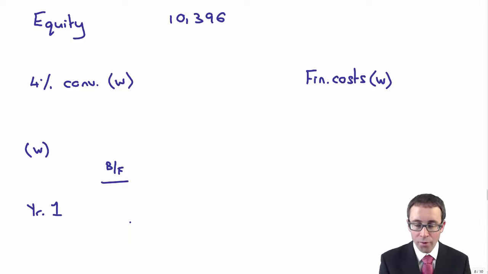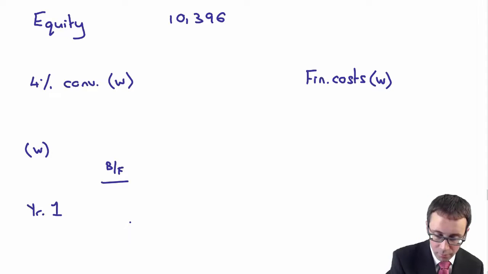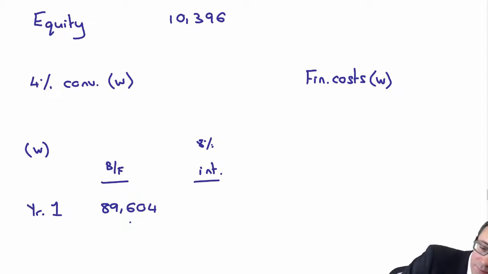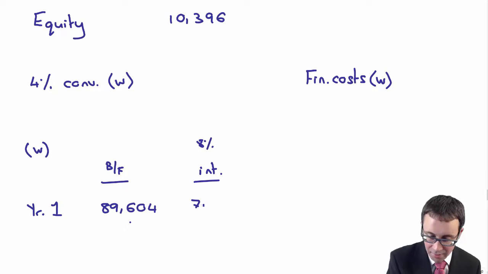My brought forward figure was that 89604. The interest, well, if we discounted it back at 8%, we will use 8% to unwind it, won't we? So 89604 times by 8%.